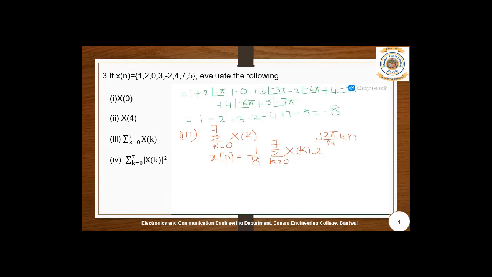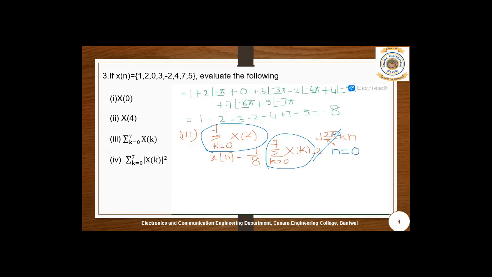Now, if you observe here, you have only this. So, I need only this. So, I can get this by making here the n value equal to 0.